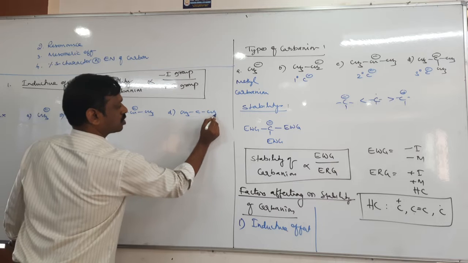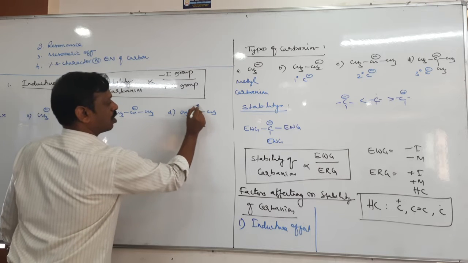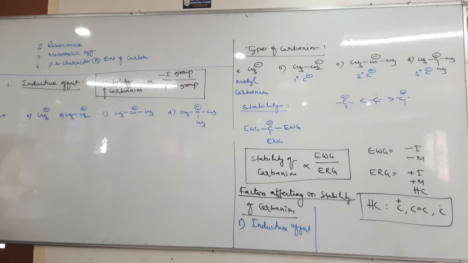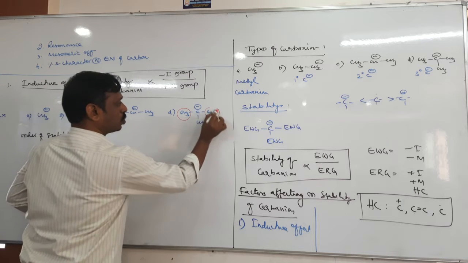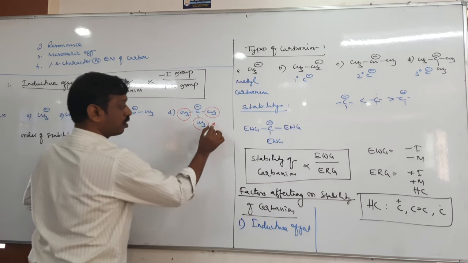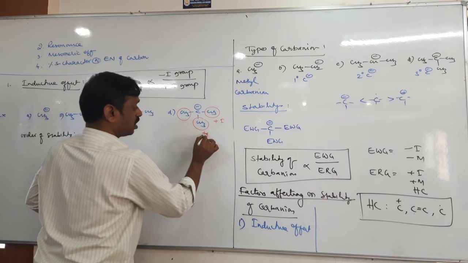Among these, what is the order of stability? To identify the order of stability, we need to first identify which groups are there. Here there are 1, 2, 3 groups. Which groups are these? They are plus I groups.